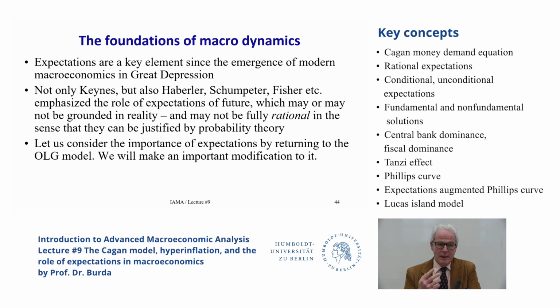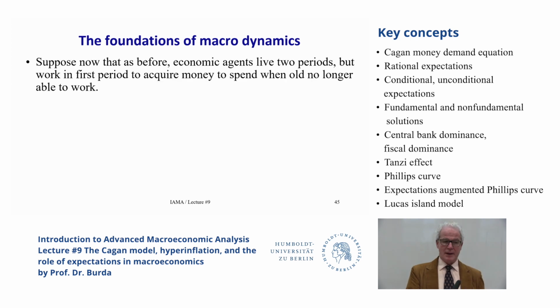So money serves this function of facilitating exchange, and it also is a common denominator for measuring the value of labor and the value of goods today and goods tomorrow. Okay, so we'll just make this very simple modification to the OLG model and see how far it gets us.